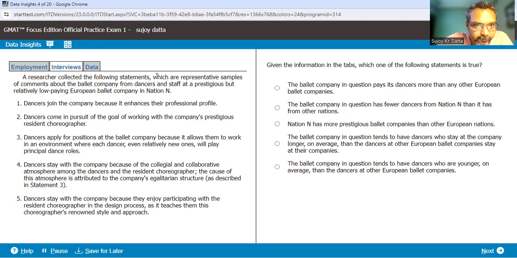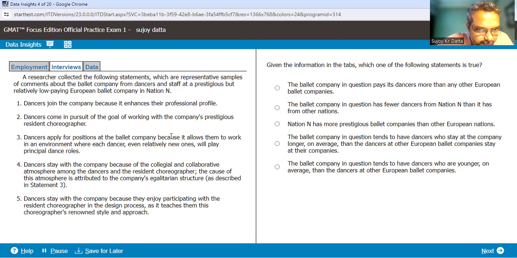A researcher collected the following statements, which represent samples of comments about the ballet company from dancers and staff at a prestigious but relatively low paying European ballet company in nation N. A dancer joined the company to enhance his profile. Dancers in pursuit of the goal of working with the company.